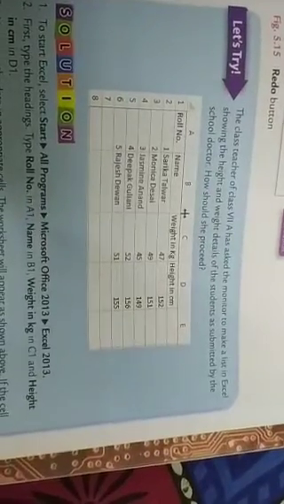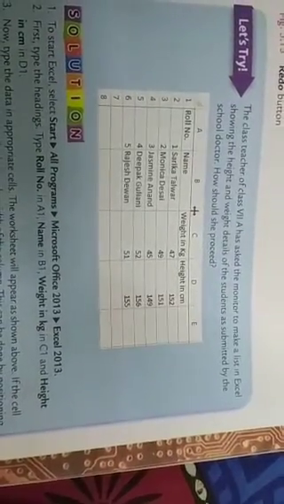Here is a task you can also do on page number 63. The class teacher of class 7A has asked the monitor to make a list in Excel showing the height and weight details of the students as submitted by the school doctor. How should she proceed? You can go to the Excel sheet and write those things.